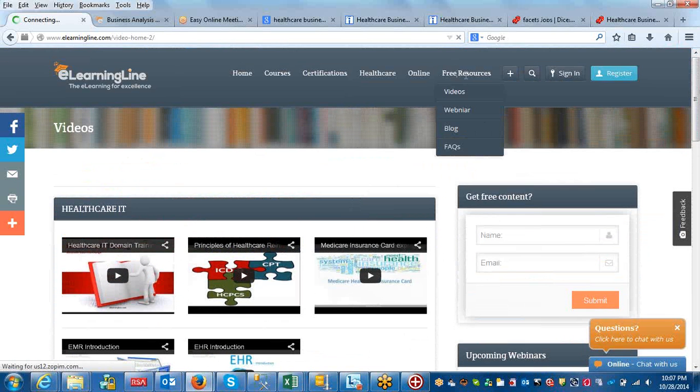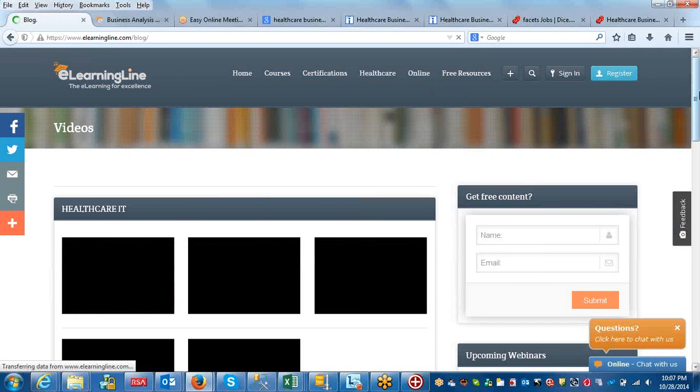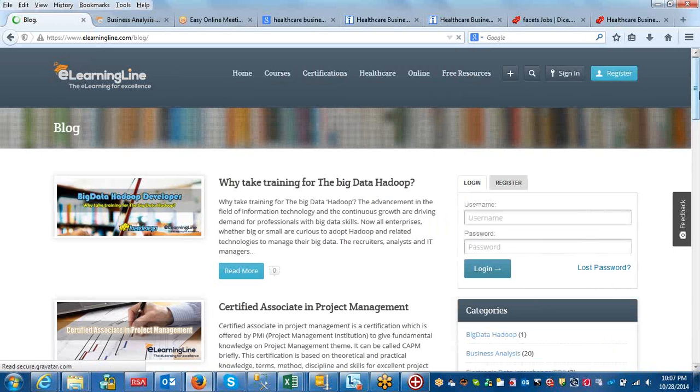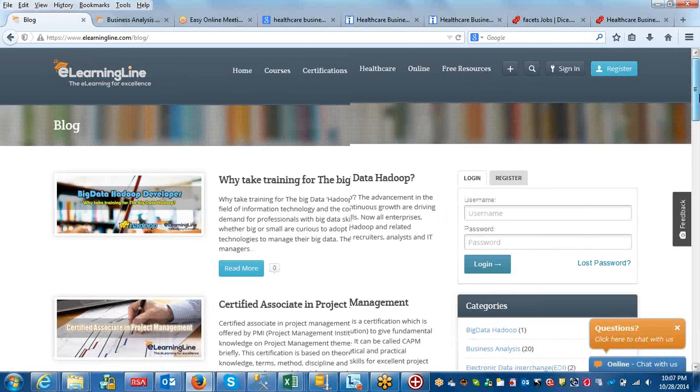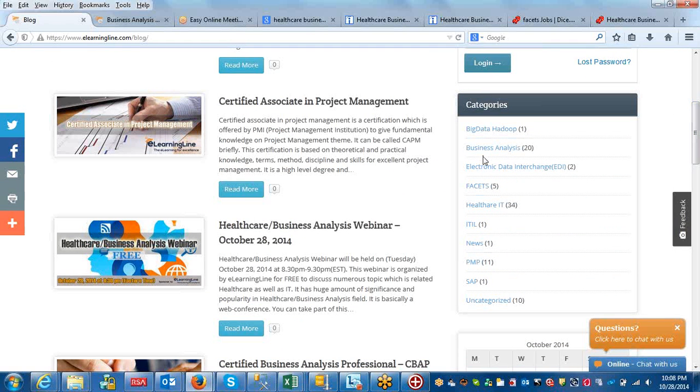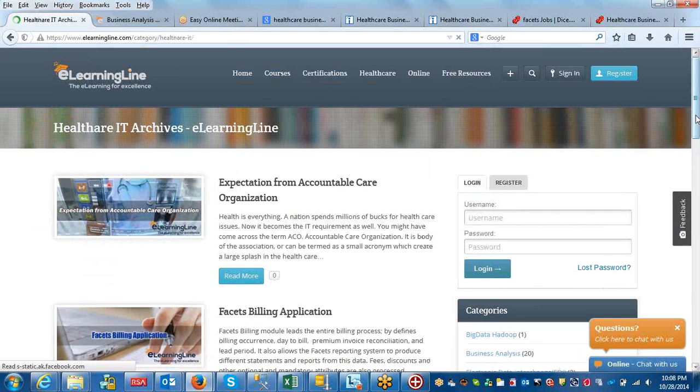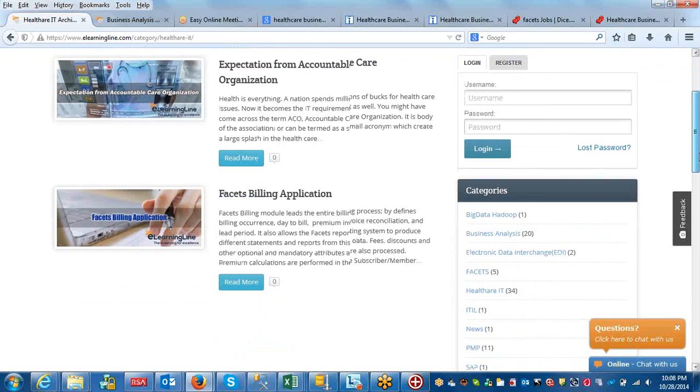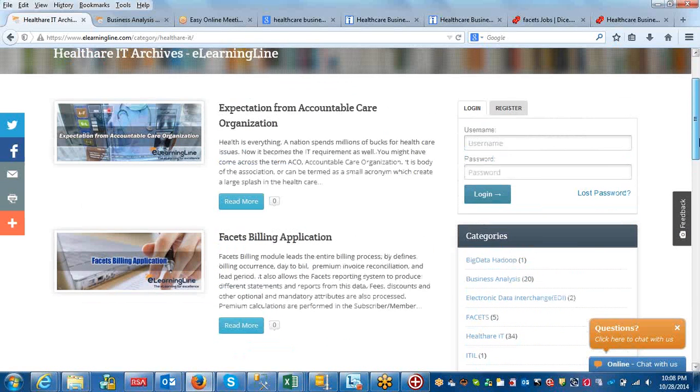You have plenty of resources over here, like blogs, which are at a very basic level. You will find that there are no overly techy, complicated words. You can look for electronic data interchange, healthcare IT, and some readouts which will help you understand how different things work in the healthcare industry.